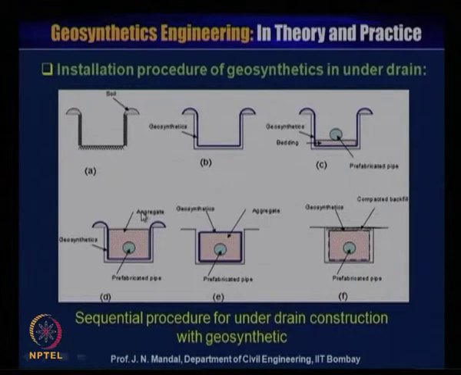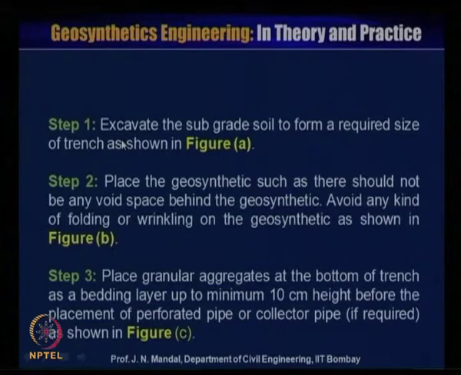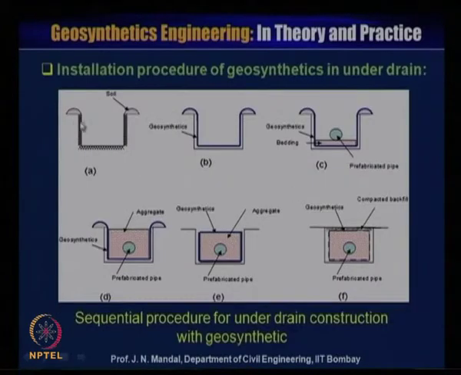Now, in case of drainage, how to install the geosynthetic material. So, the installation procedure of geosynthetics in an under drain. First, you excavate the subgrade soil to form a trench of the required size as shown. I will show you the sequential procedure for under drain construction with geosynthetic material.